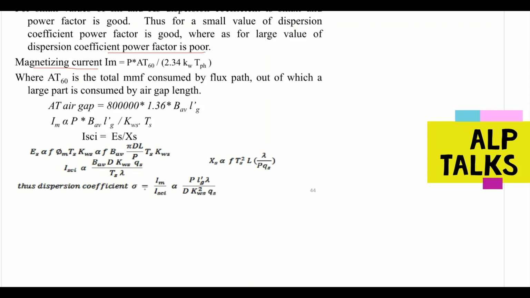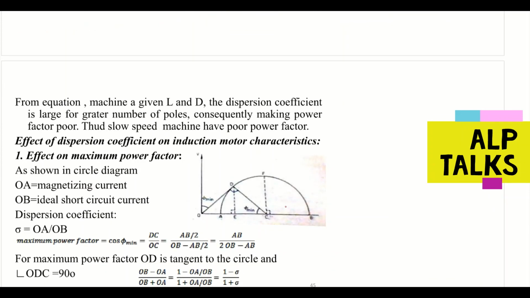For the dispersion coefficient, we have an empirical formula here to calculate it. From the equation, for a machine of given length and diameter, the dispersion coefficient is large for a greater number of poles, consequently giving poor power factor. Thus a slow speed machine has a poor power factor.